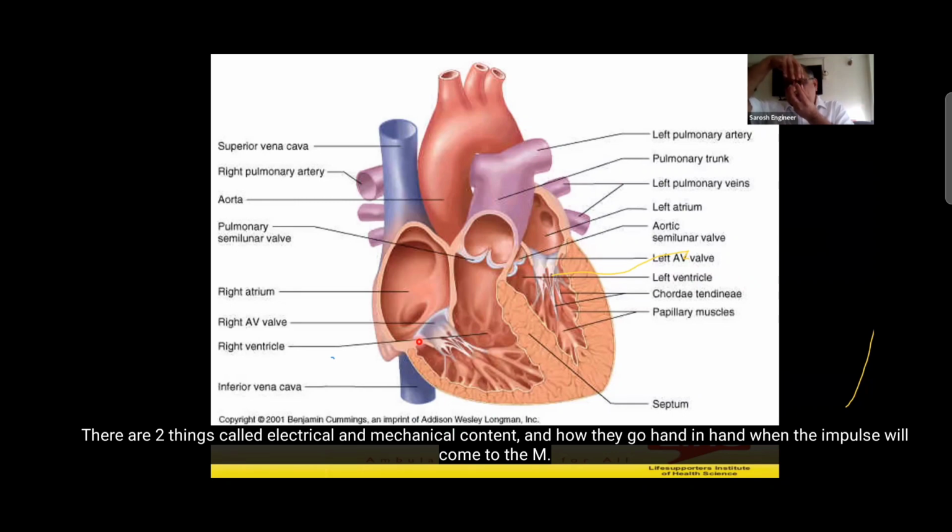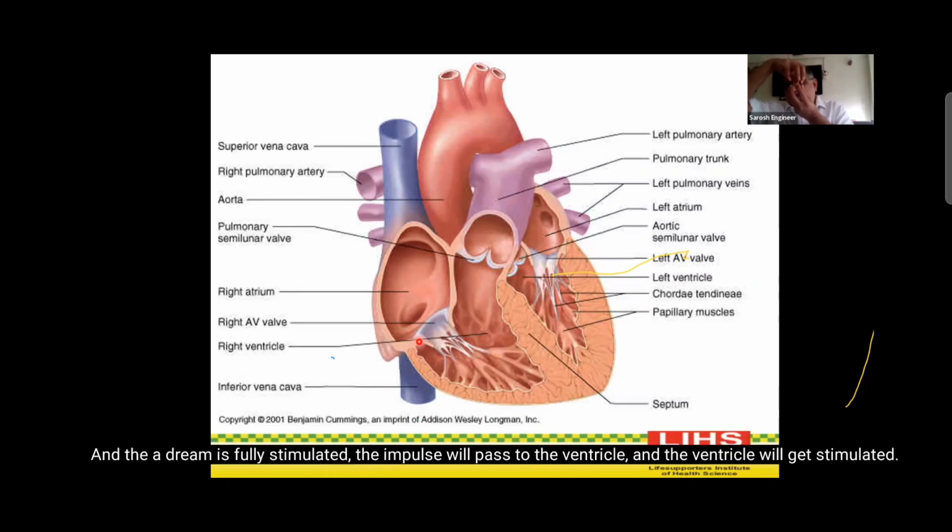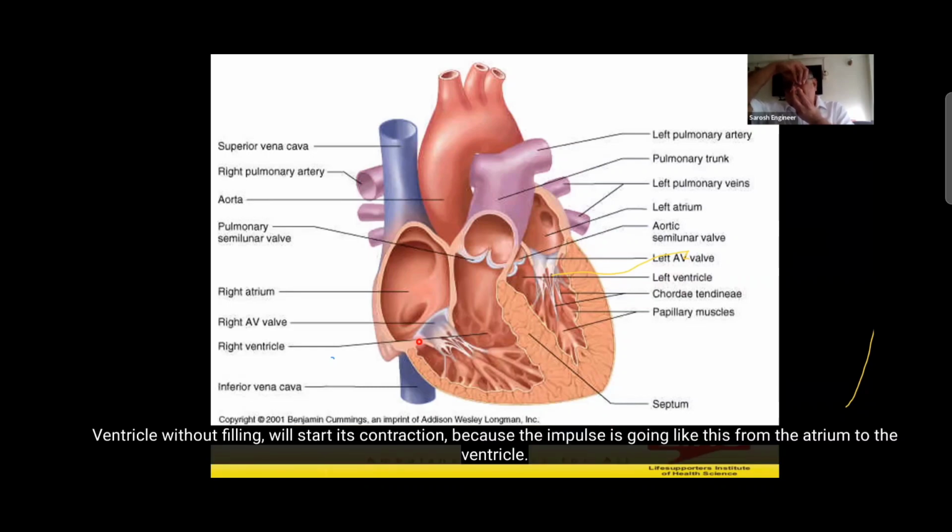When the impulse comes to the atrium and the atrium is fully stimulated, the impulse will pass to the ventricle and the ventricle will get stimulated. So before the atrium finishes its total contraction, the ventricle without filling will start its contraction, because the impulse is going like this from the atrium to the ventricle.